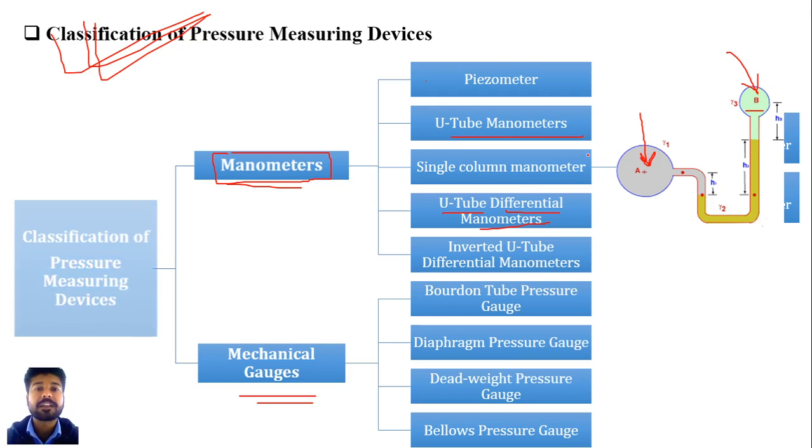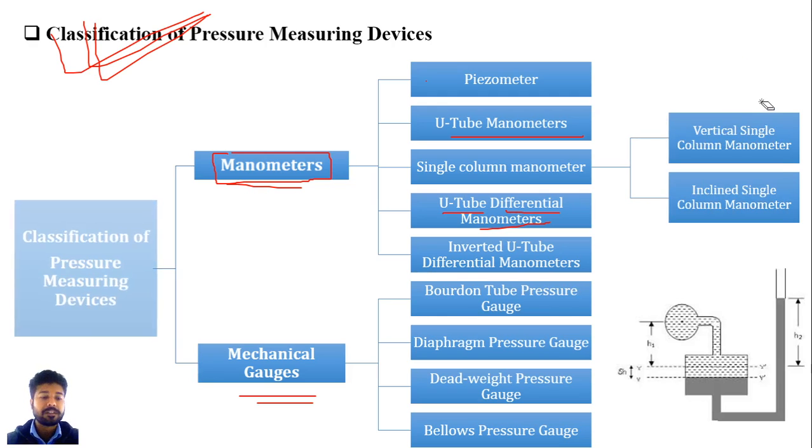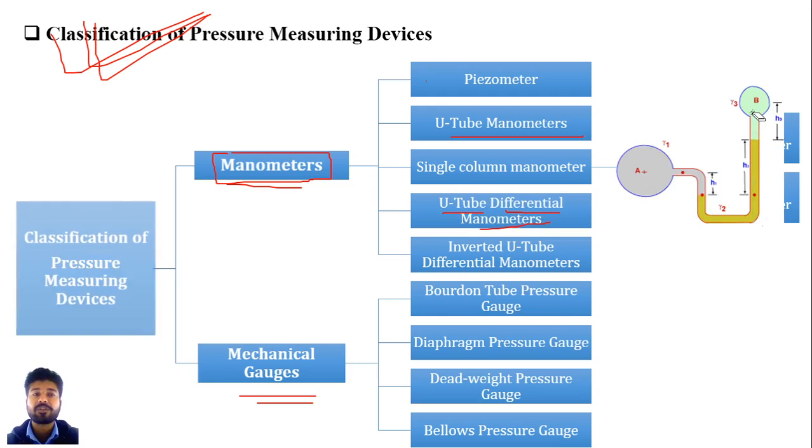The basic difference between the U-tube manometer and the U-tube differential manometer is that in the U-tube manometer there is only one pipe, and in the differential manometer we find the difference of pressure between two pipes. If you have multiple pipes in your plant or working area, at that time we need to find out the pressure difference between these two pipes. So here it is the U-tube differential manometer.